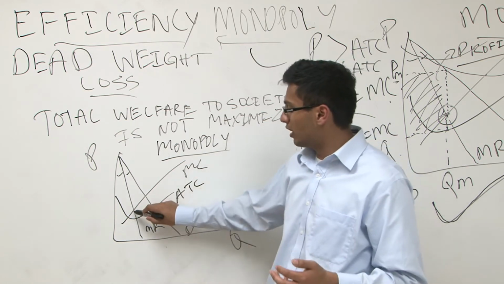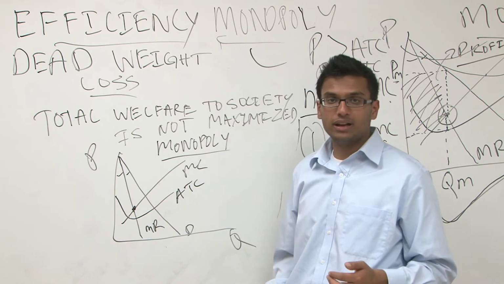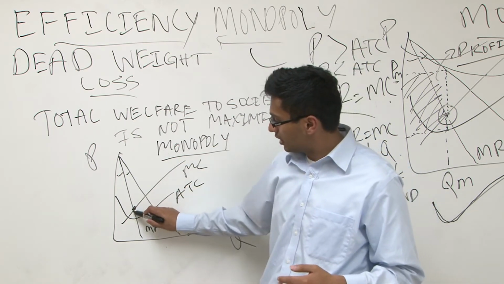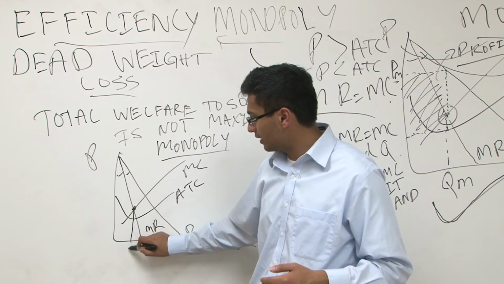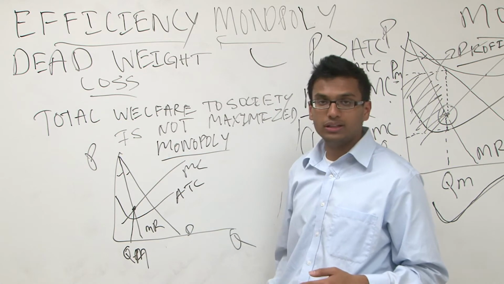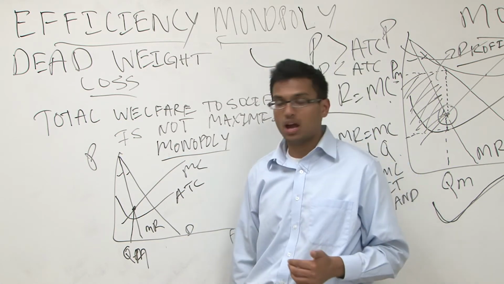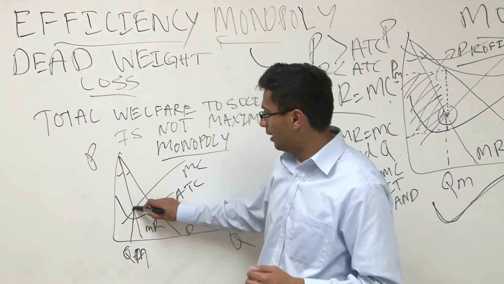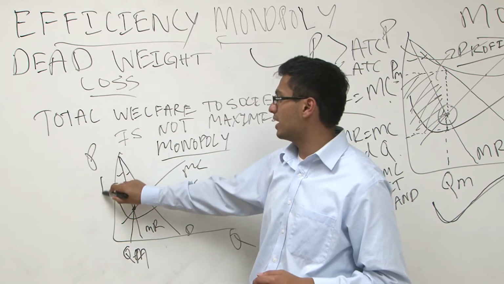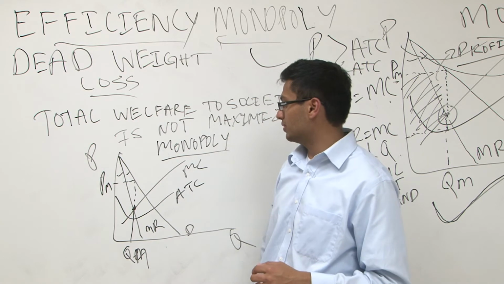The way you find your quantity is MR equals MC. I'm sure this is nailed in your head by now. Come down, that's your quantity, QM, quantity in monopoly. You go up where MR equals MC, you hit the demand, take a left, find the price, that's PM, price of monopoly.